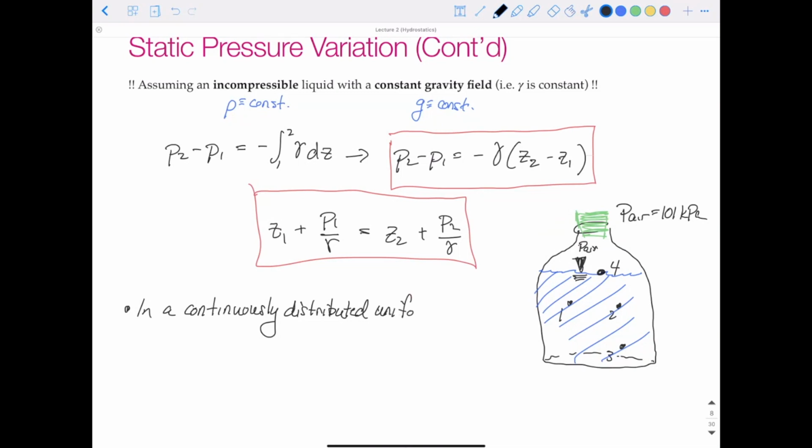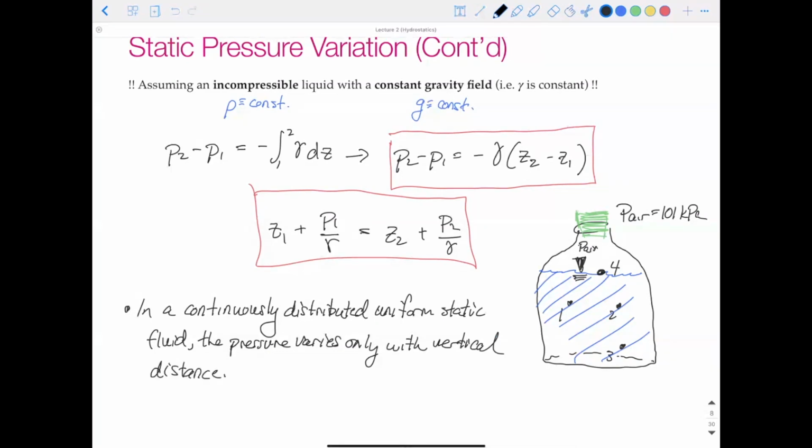So a uniform static fluid, it's not flowing. The pressure varies only with vertical distance, and it's independent of the shape of the container.